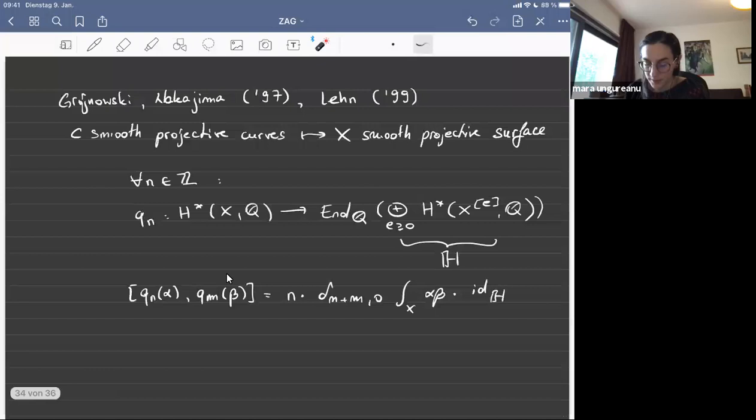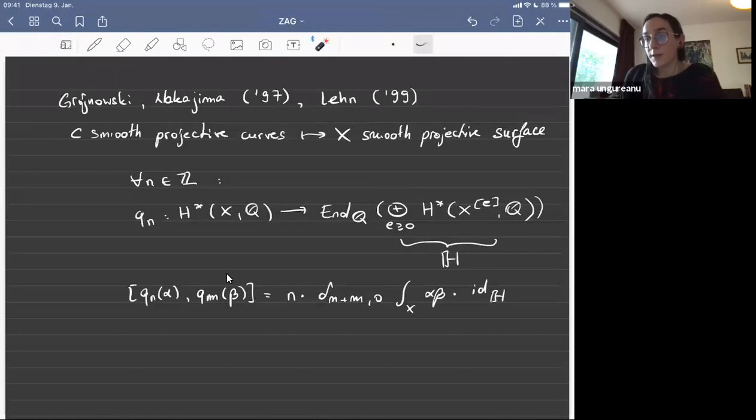And not only that, but they also satisfy certain commutation relations that look like this. This is the Kronecker delta symbol. Basically, you can use this to show that these induce a representation of the Heisenberg algebra on this space here.